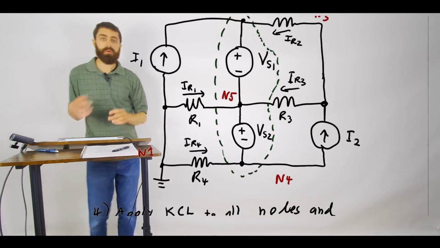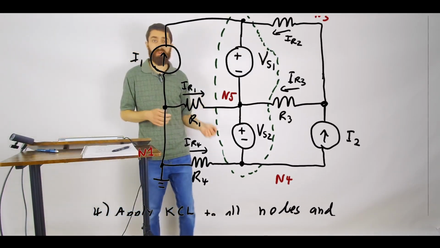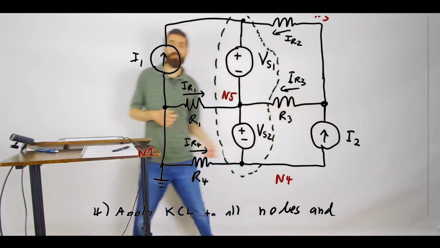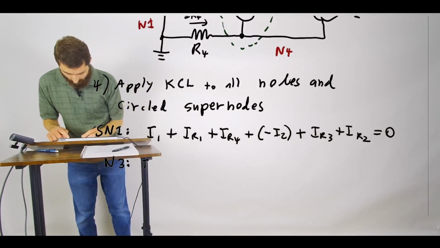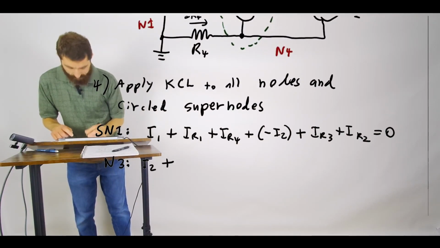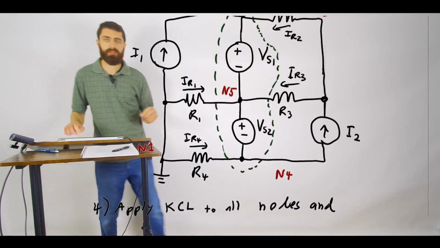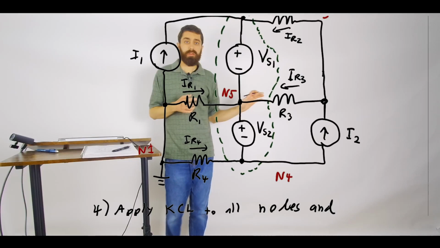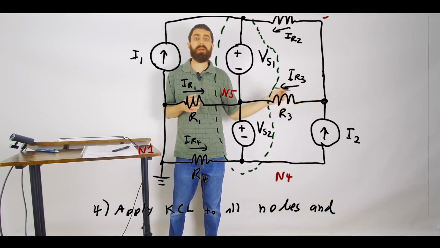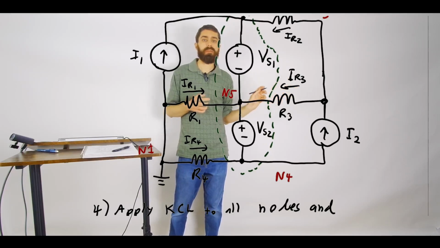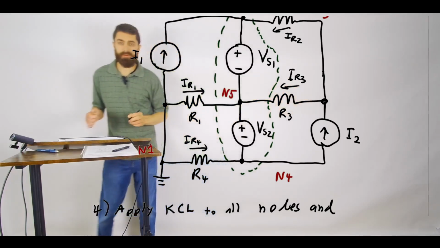So again, sum of all the currents going into the node equals 0. So here we have I2 going into the node, right? So I2 plus the current going into node 3 here, which, because of the way this is oriented, would be minus IR3.